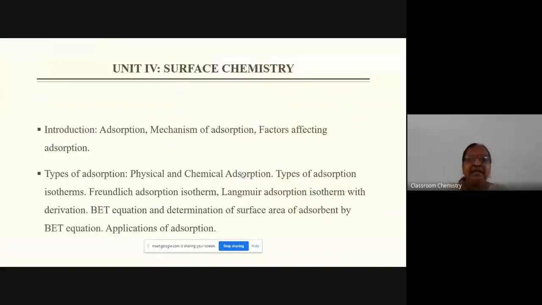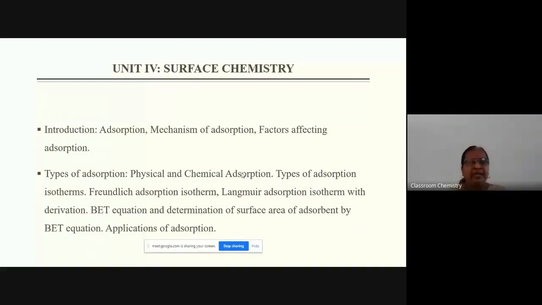In this unit, we have to cover these points: the introduction about this surface chemistry, adsorption, mechanism of adsorption, factors affecting adsorption, then the types of adsorption. There are two types of adsorption, that is physical adsorption and chemical adsorption, that is physisorption and chemisorption.